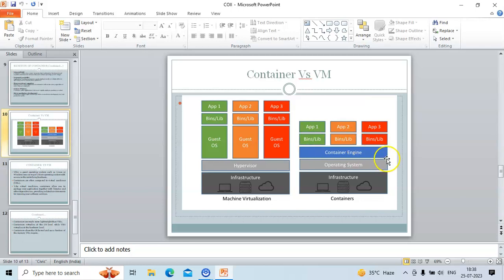In a virtual machine, each has its own operating system, whereas in containers the operating system is virtualized, and the same operating system is used among different applications. So the second difference we get to know is that in a VM the hardware is virtualized, whereas in a container the OS is virtualized.